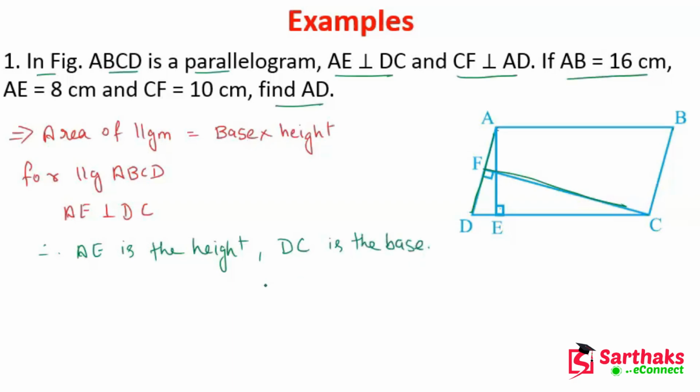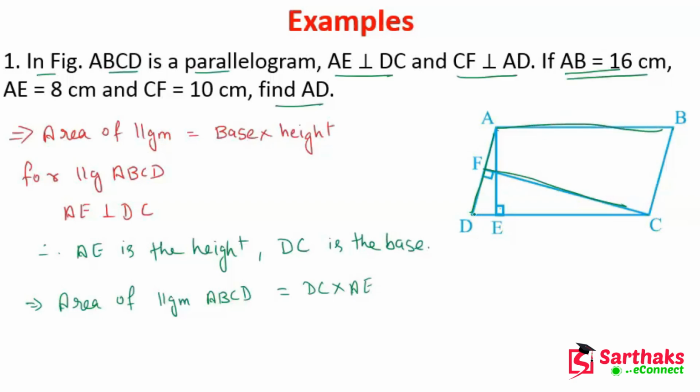So the area of parallelogram ABCD is equal to what? We know that base into height. So base is DC into height is AE. Now we know that AB is 16 centimeter, means this side.